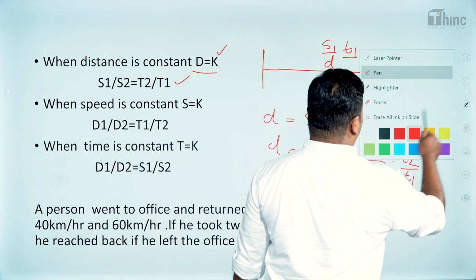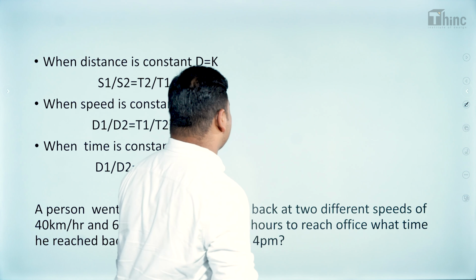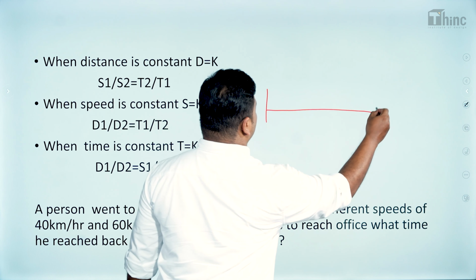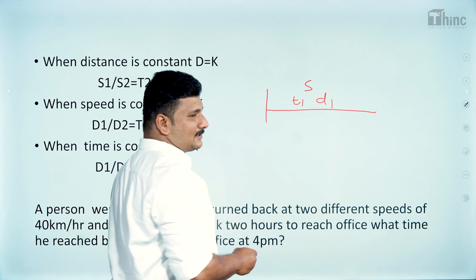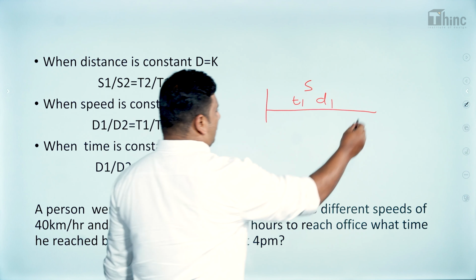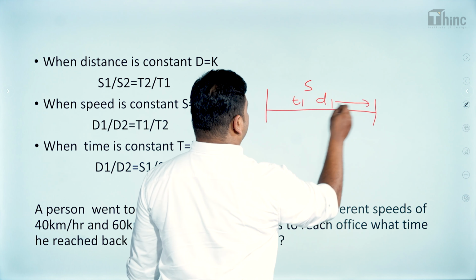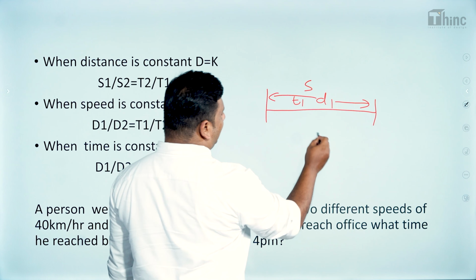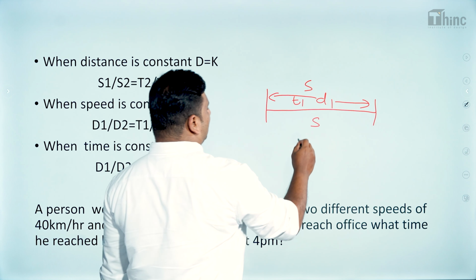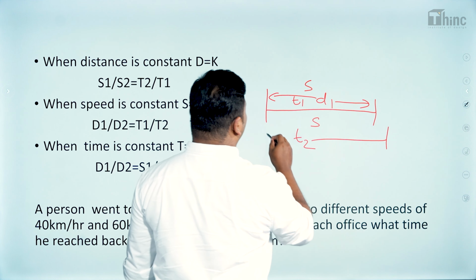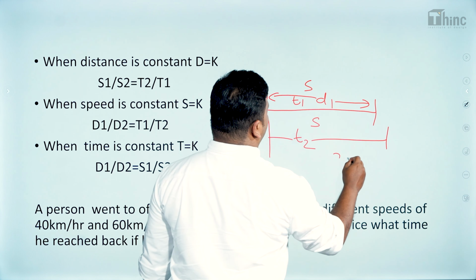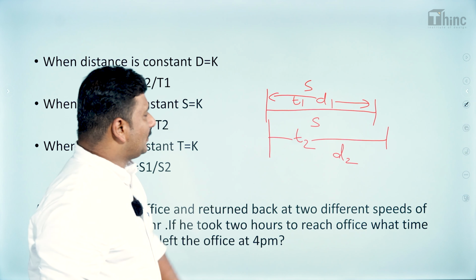Now let's see what happens when speed is constant. A person is moving at a certain speed for a time t1, and the distance traveled is d1 in the first case. Now again he is moving at the same speed, but for another time t2, so the distance traveled is, let's say, d2. What is constant in each case?